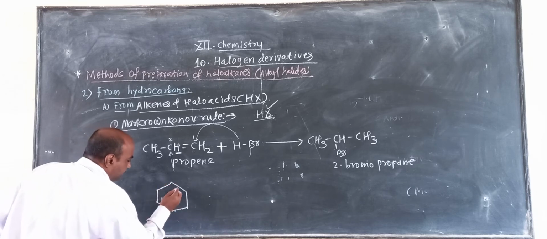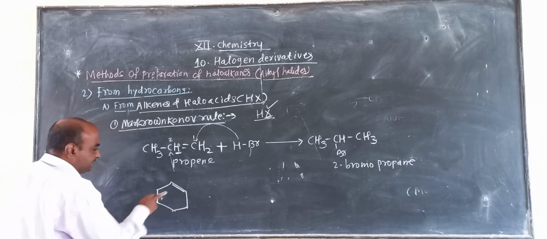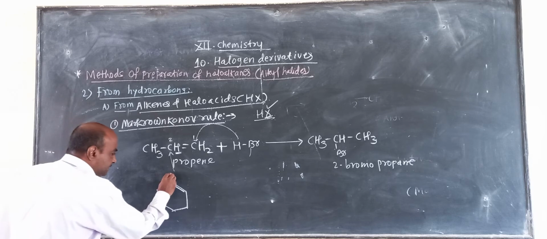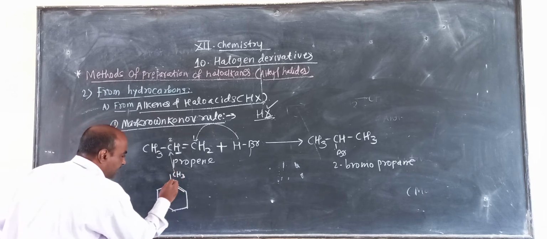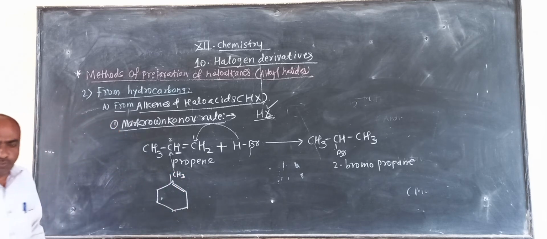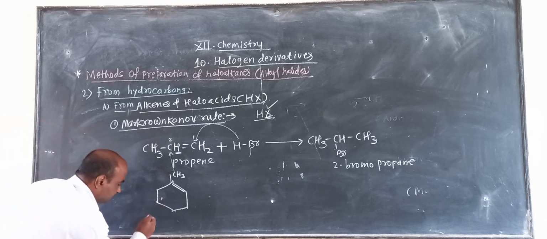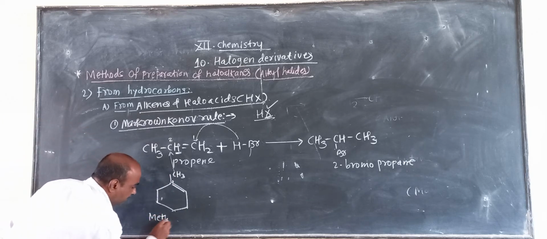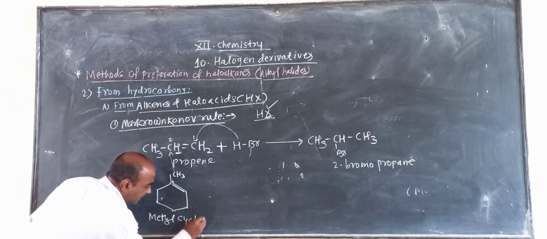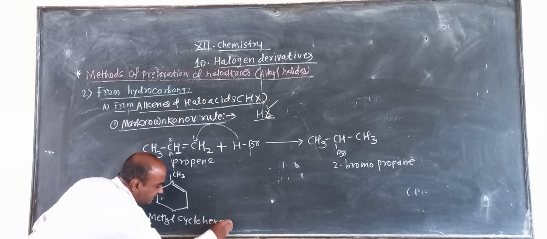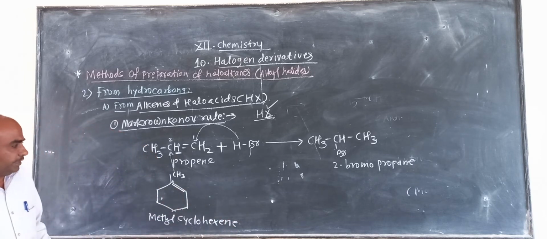cyclohexane, and if a double bond is there, the structure will be cyclohexene, and if a methyl group is added there, this will be carbon number 1. So the name of this compound is methyl cyclohexene.